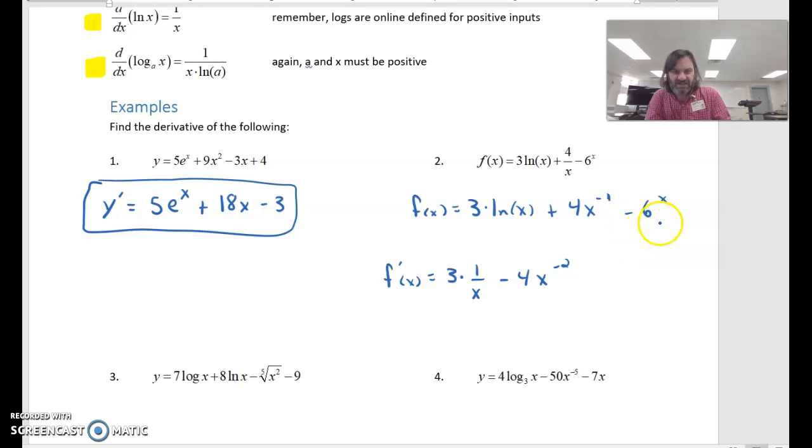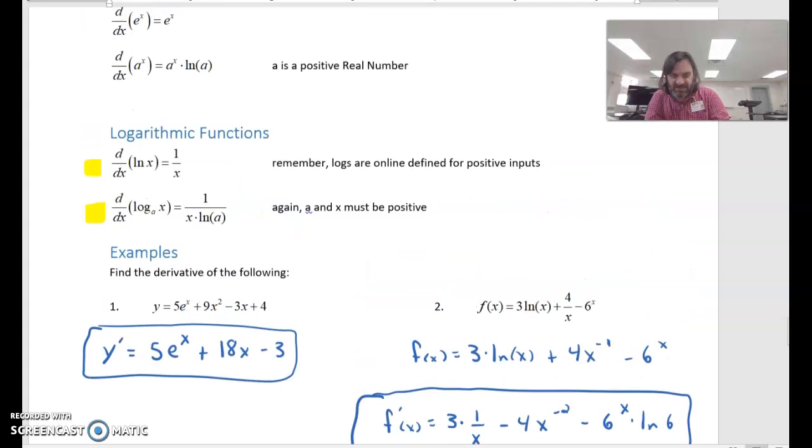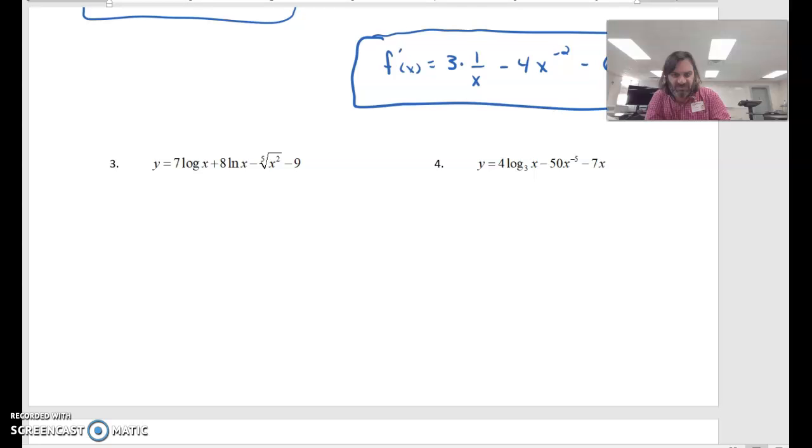And then 6 raised to the x, so that'll be minus, and I believe that is 6 to the x times the natural log of 6. So we could rewrite that if we want, but I think we're okay with what we have here. Okay. All right, let's just double check. Yeah, I feel good. All right, so now we got 2 more examples here.